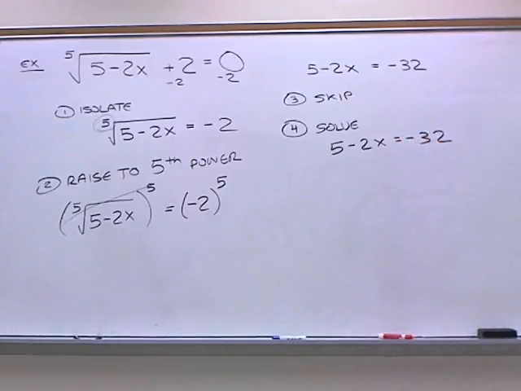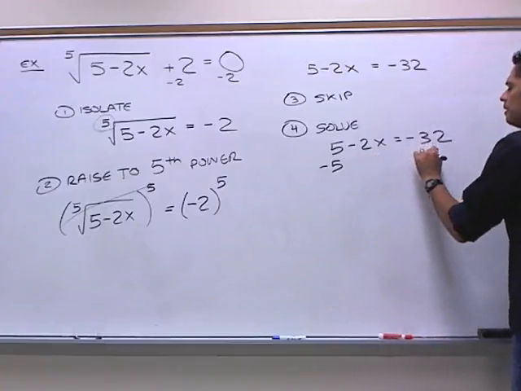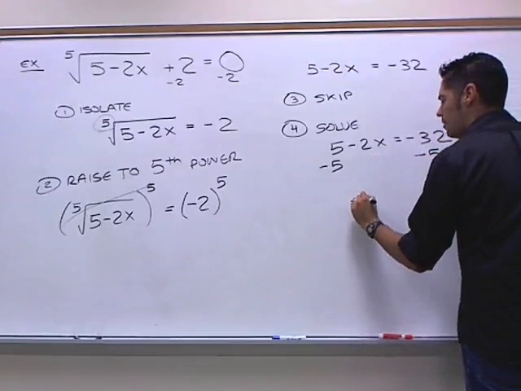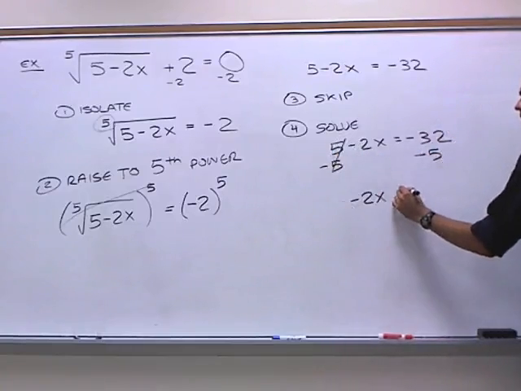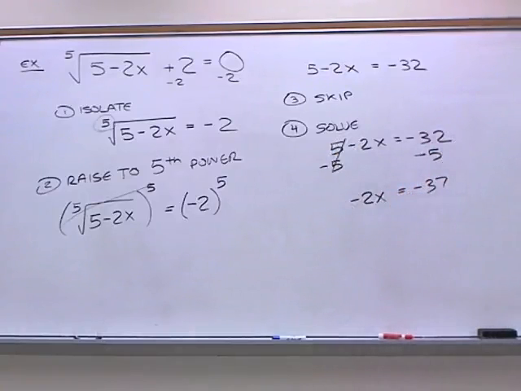So try and get x by itself. So subtract 5, that's one way to go. That's the way I would do it here. We have the -2x still here on the left. On the right, -37 now. Then divide by -2.